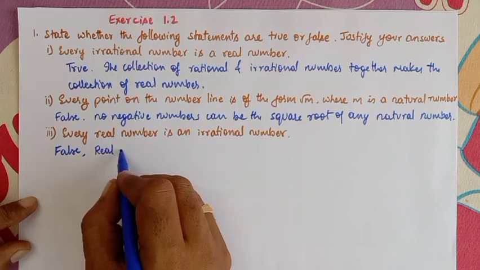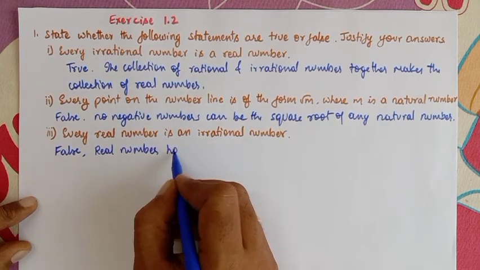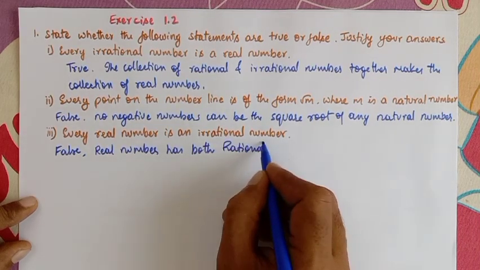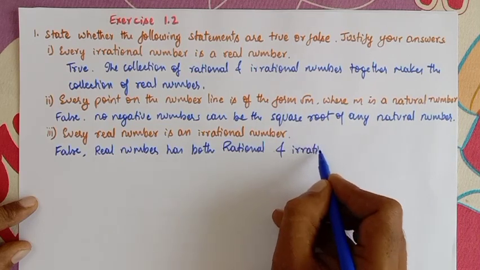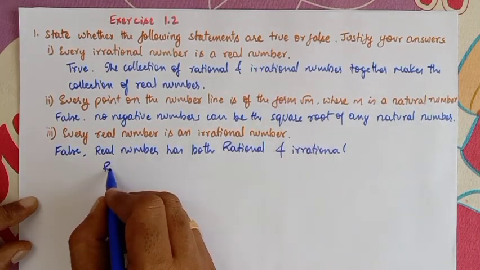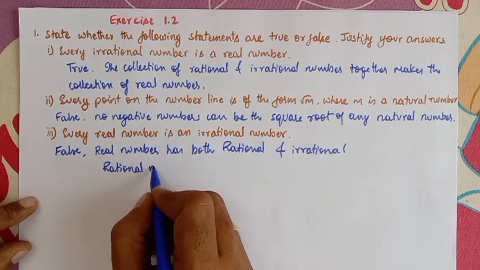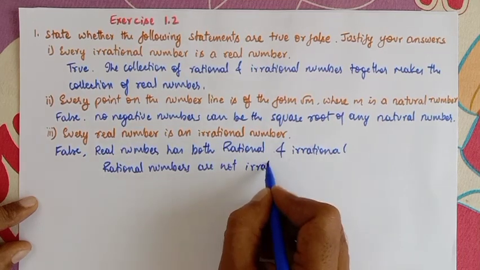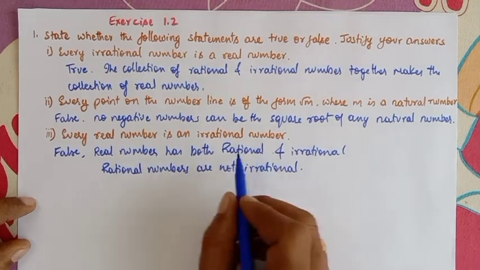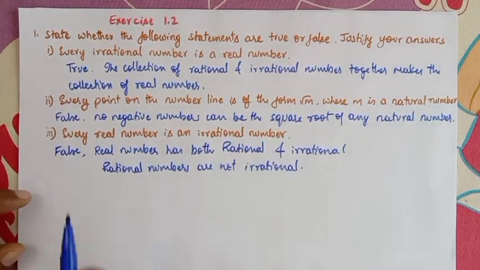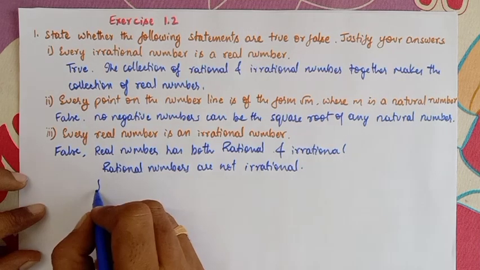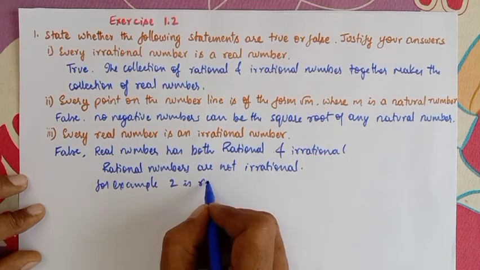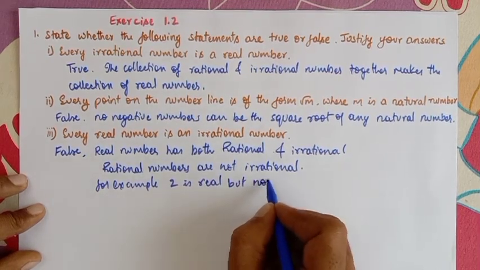Rational numbers are not irrational. So it is false. Example, 2 is real but not irrational.